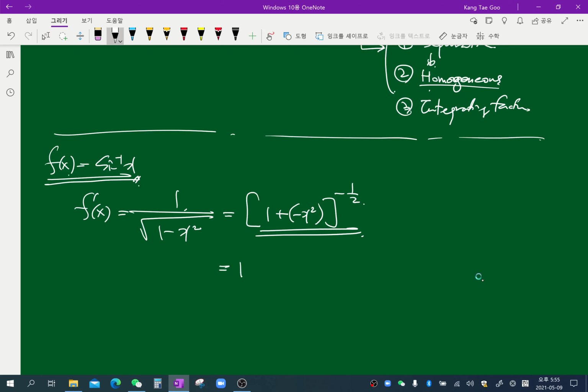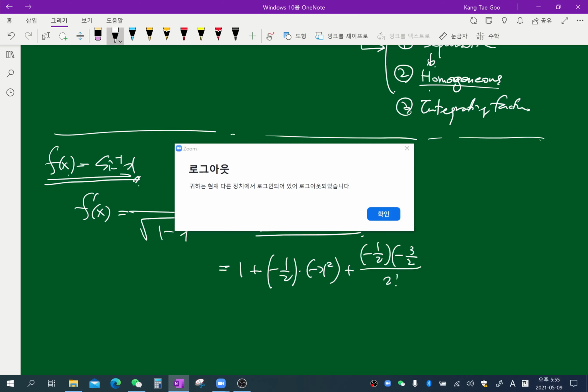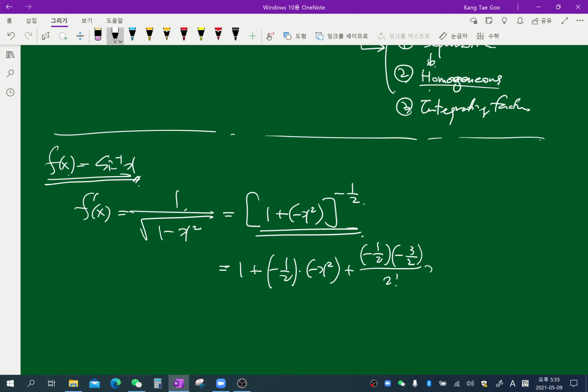That is 1 plus negative half times minus x squared plus negative half times negative 3 over 2 over 2 factorial times minus x squared squared, plus and so on, right?